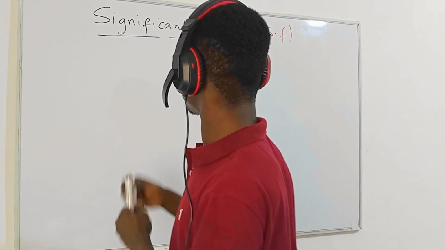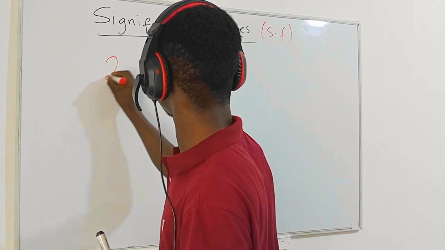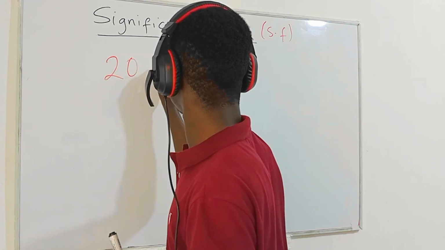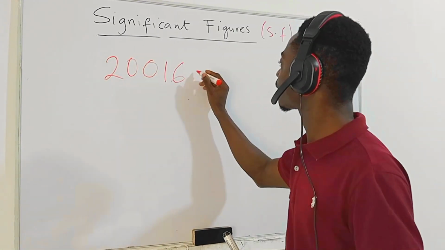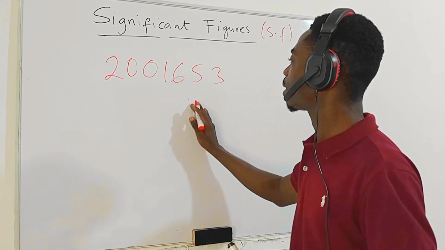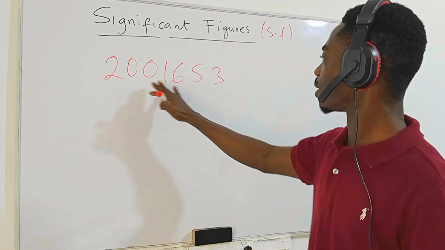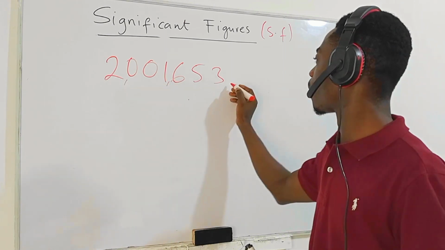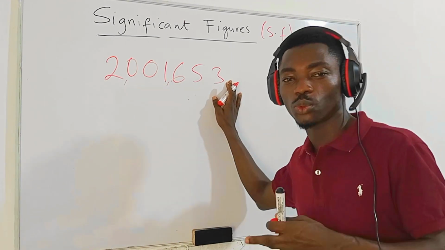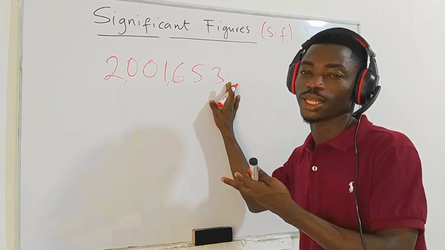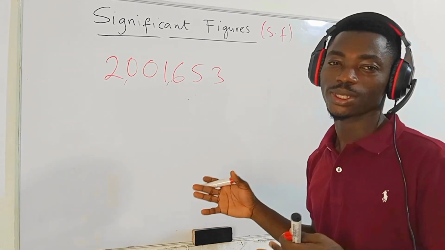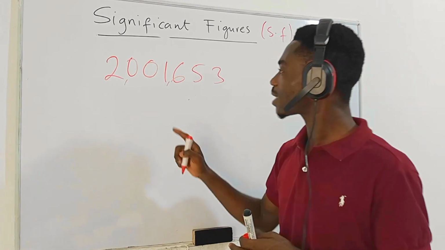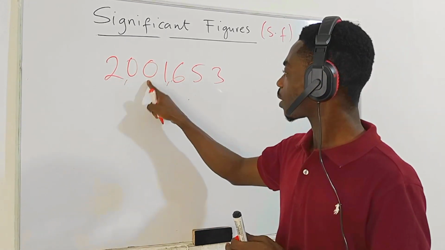Okay, now let's consider another example. Let's say we have, this time around, I'll use red marker, 2,00 1,553, so this is around 2 million, and we want to leave this in four significant figures. Of course, this is going to be 1, 2, 3, 4.